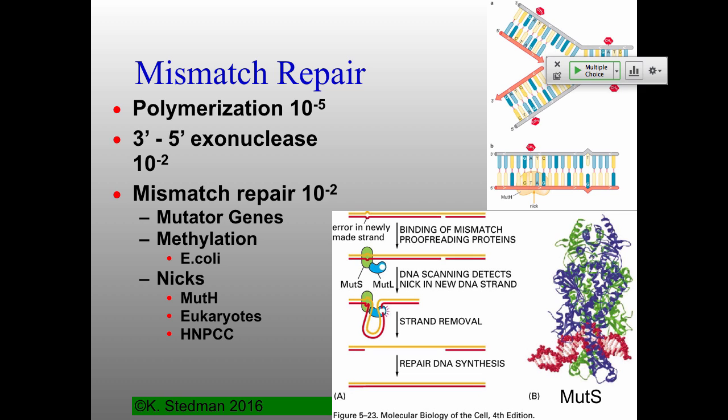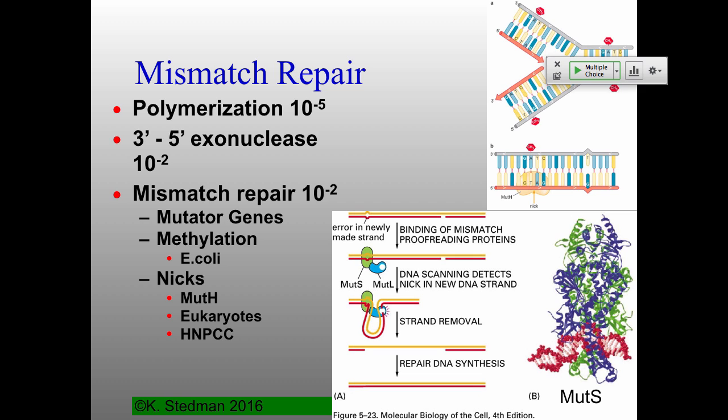We now know how they work, and that's down here at the bottom. There's some kind of mistake that happens. This gets recognized by the mut S protein. Here's the mut S protein, actually a high-resolution X-ray crystal structure of it, bound to DNA. What's it recognizing? It's recognizing the structure of the wrong base.